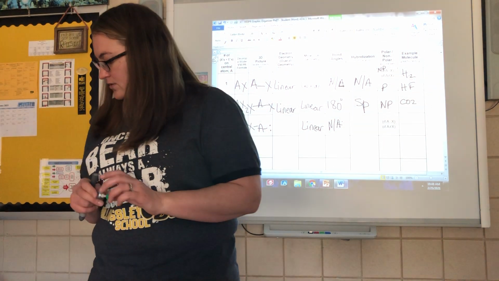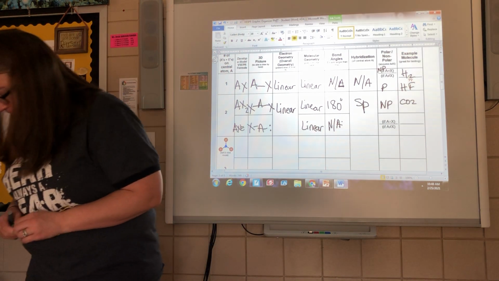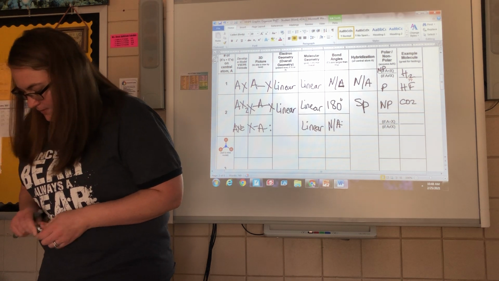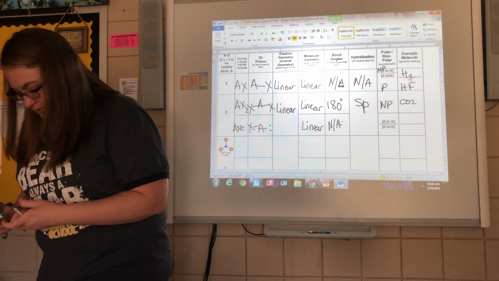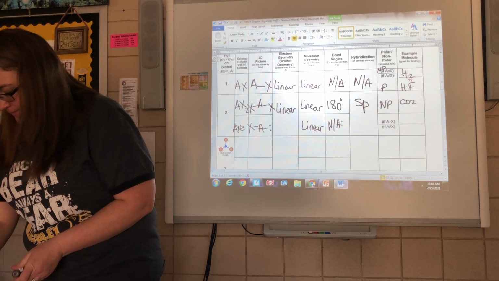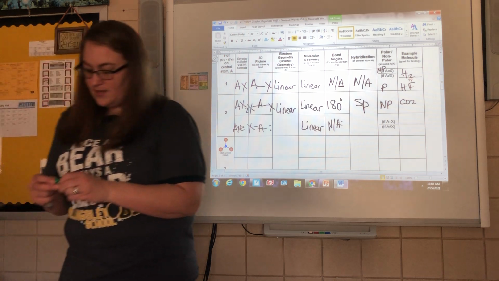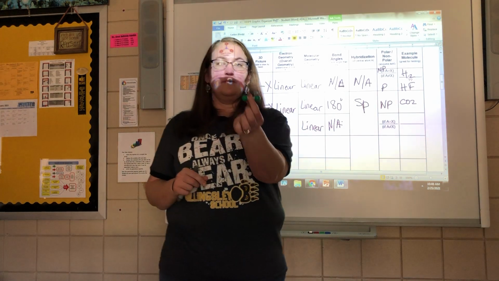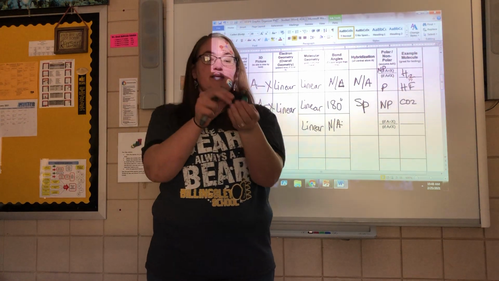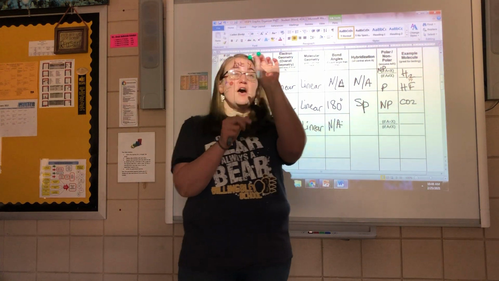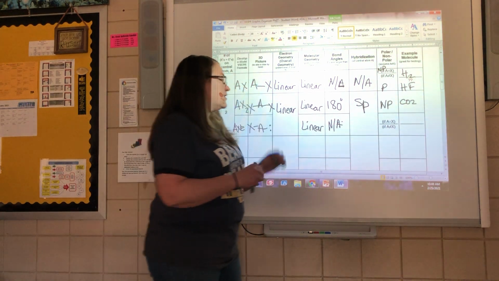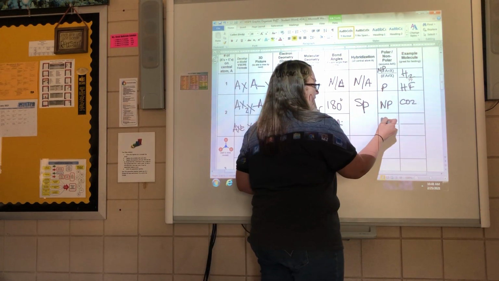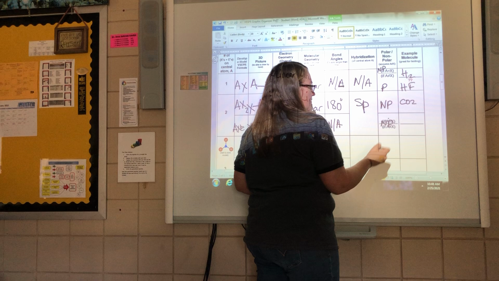I don't have one where I can stick the electrons in the side there. But if I have the same thing on each side, is that going to be polar or non-polar? Non-polar. They're going to share equally there. So if A is equal to X, that's going to make it non-polar.